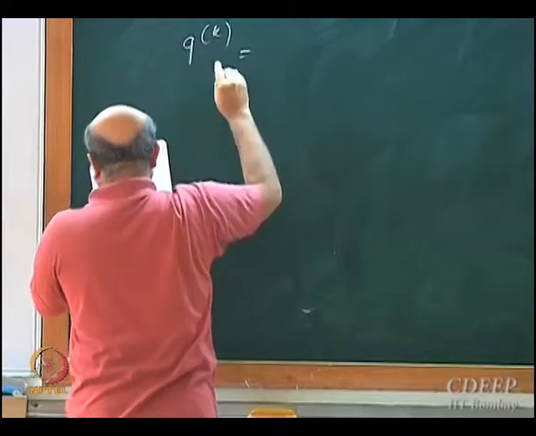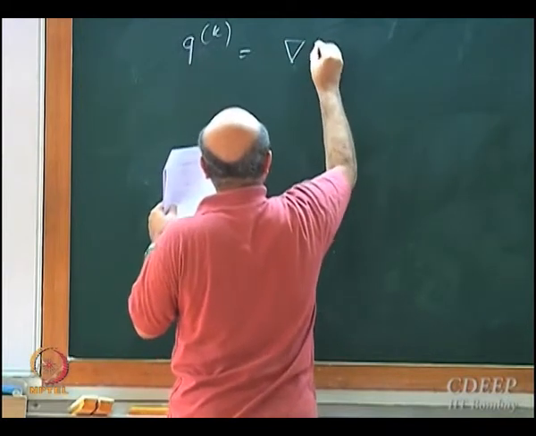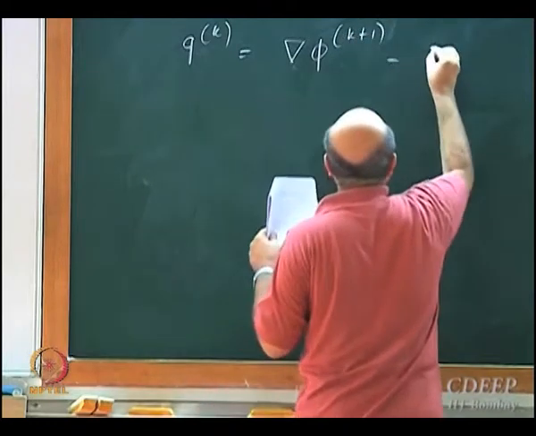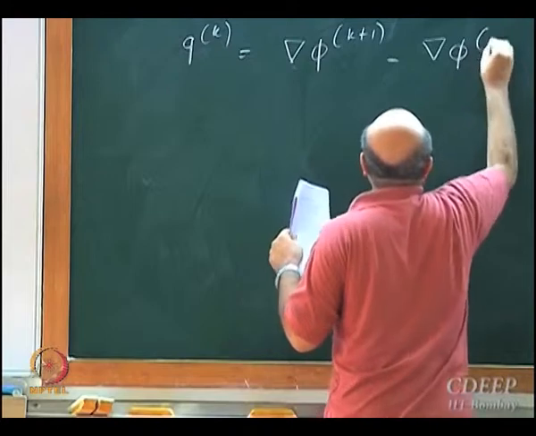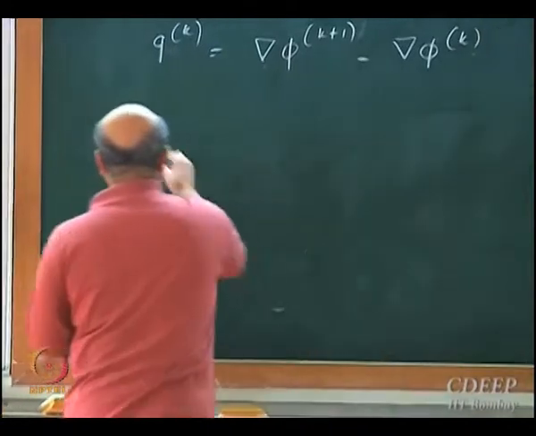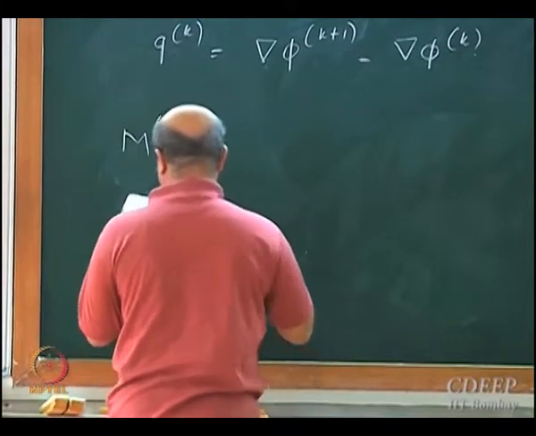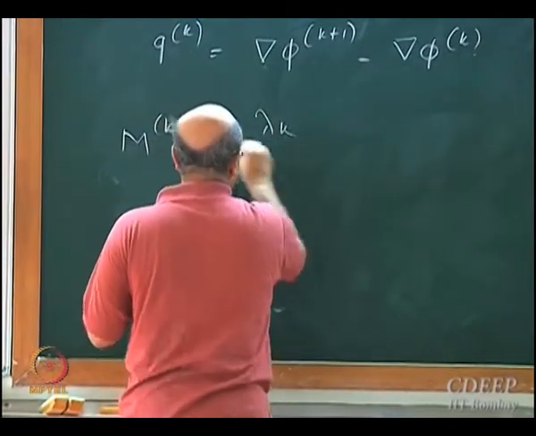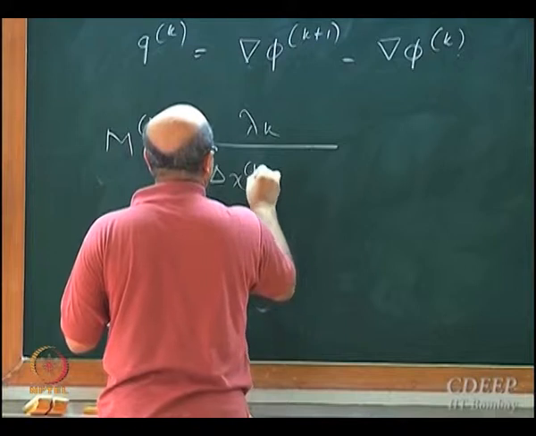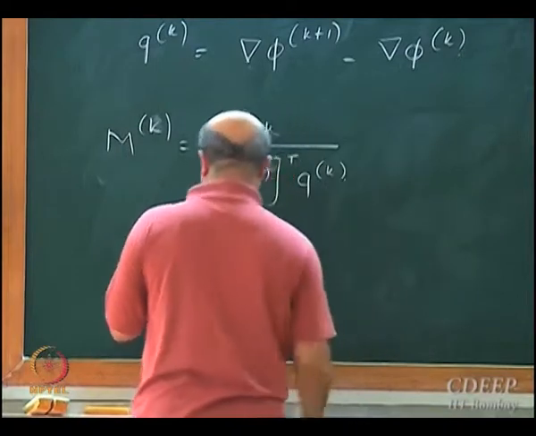You define a vector Qk. I am just giving you the final formula, which is grad phi evaluated at k plus 1 minus grad phi evaluated at iteration k. Mk, the correction 1, is lambda k delta xk delta xk transpose over delta xk transpose qk.